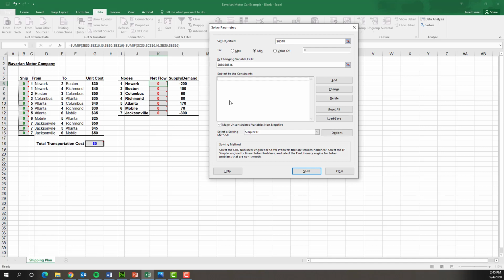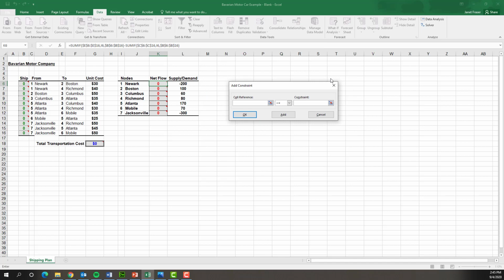So first, we want to make sure that our net flow is greater than or equal to our supply and demand. And this goes back to those rules that we looked at in the slides, where we consider whether our supply exceeds demand, our demand exceeds supply, or if they're balanced.